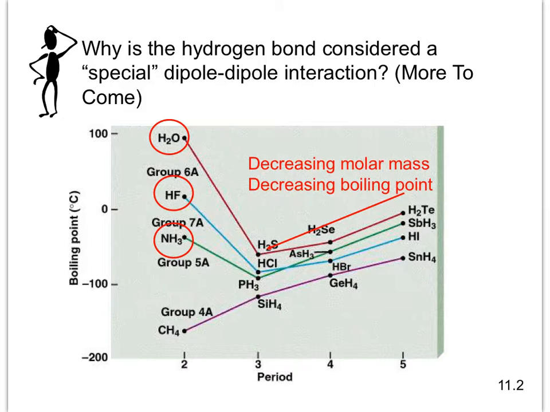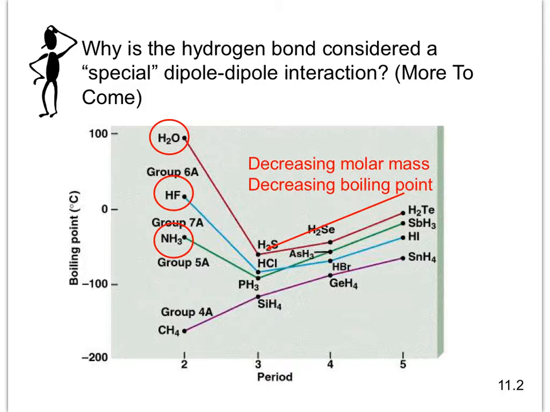So if we look at this, this is all of the chemicals that you could make as you go across the second group. So hydrogen with carbon, hydrogen with nitrogen, hydrogen with fluorine, hydrogen with oxygen.